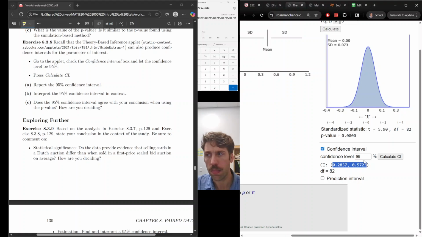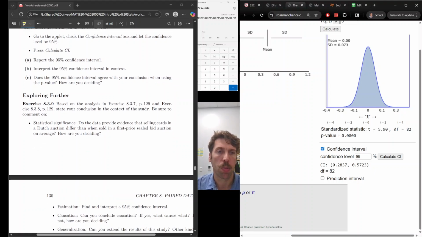Okay. Does the 95% confidence interval agree with your conclusion when using the p-value? How are you deciding? Remember how we calculate confidence intervals: all the numbers that are plausible, meaning if our sample had been inside there, then our p-value would have been small. But notice how zero's not in this confidence interval, and that's a key clue for how you answer that question.